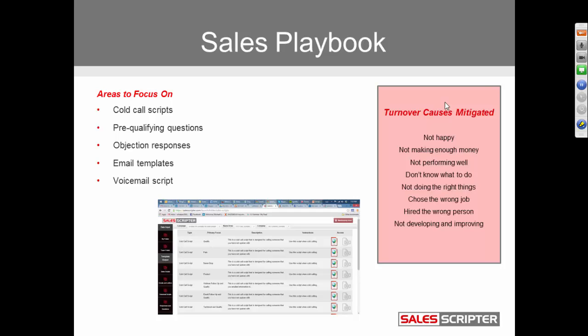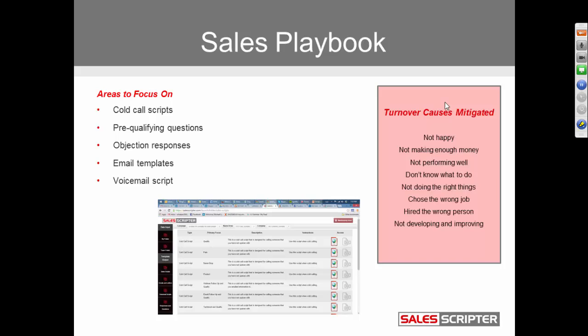And this might have something like cold call scripts, warm call scripts, lists of key questions to ask to qualify, objection responses. Honestly, that can be one of the most powerful pieces of your playbook. Just having responses for your salespeople to use to respond to the objections that they're going to face. You could include email templates, voicemail scripts.